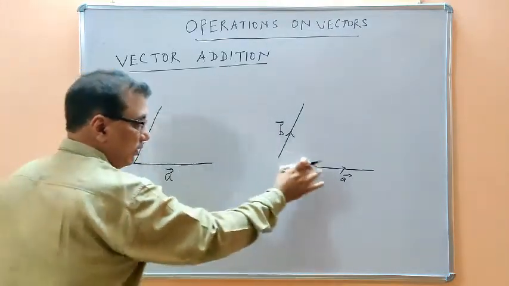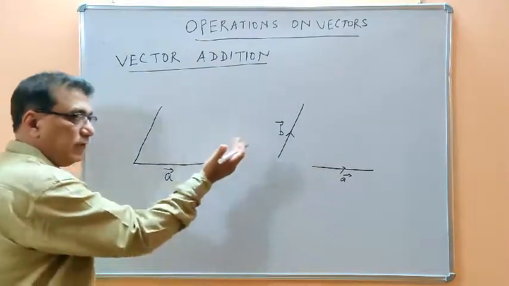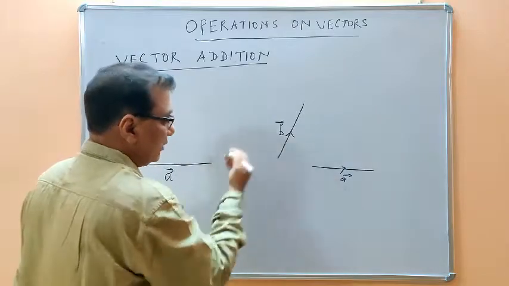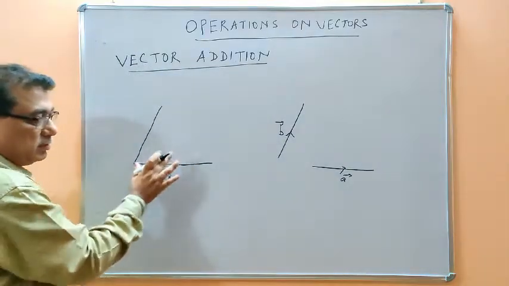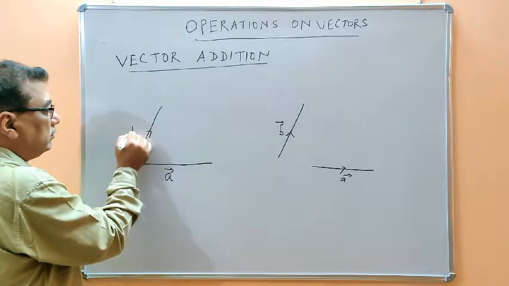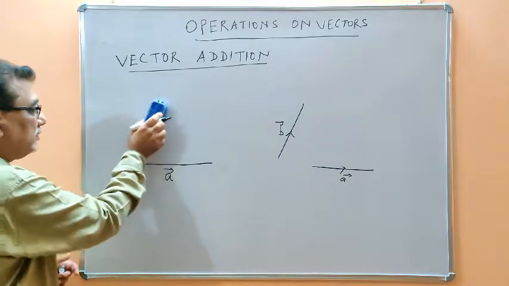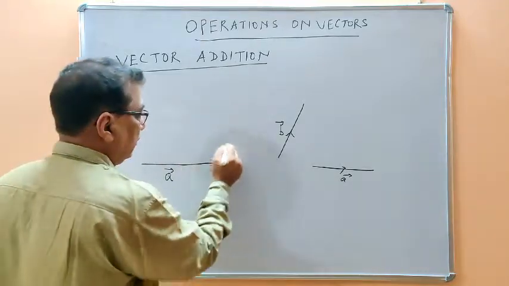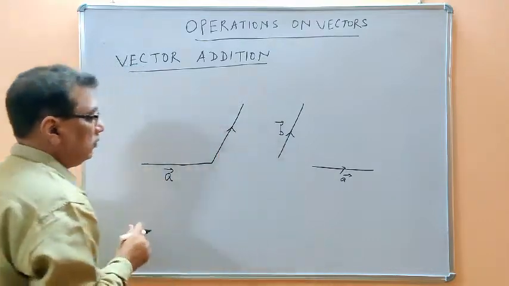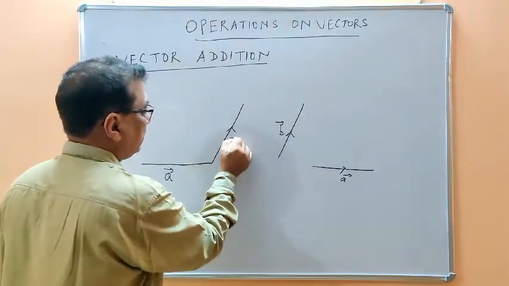So this is parallel to this, and this vector is parallel to this. So we have made the parallel shift without changing the magnitude and direction of the vectors. Okay, now this is the situation in which we have got the vectors. This may also be written as, suppose I am shifting B in this way. Okay, so this is parallel to this and this is parallel to this and this is B.